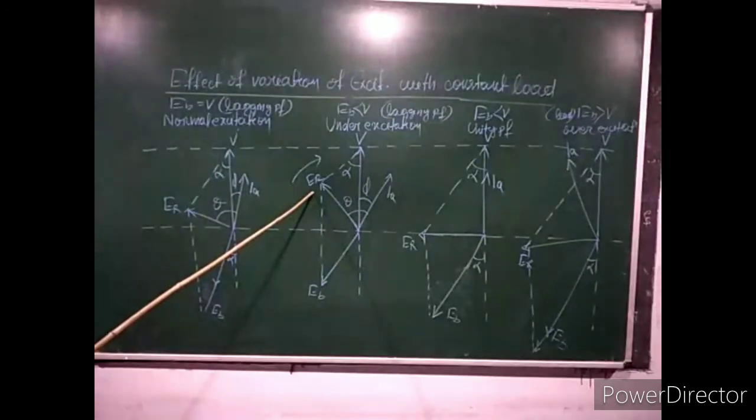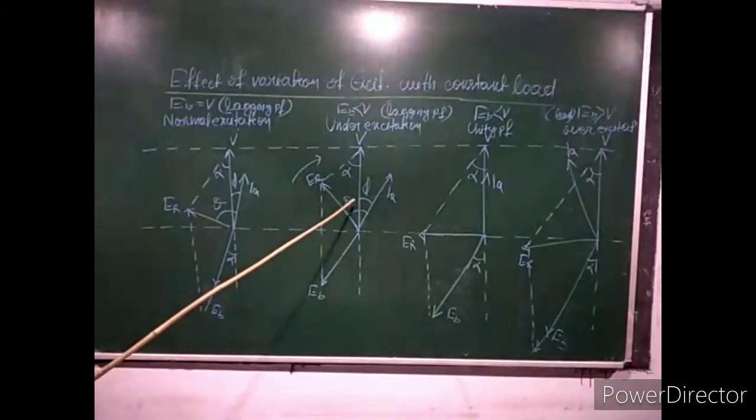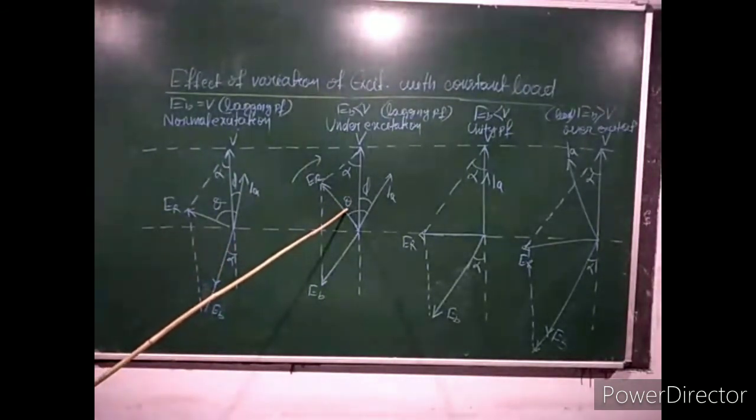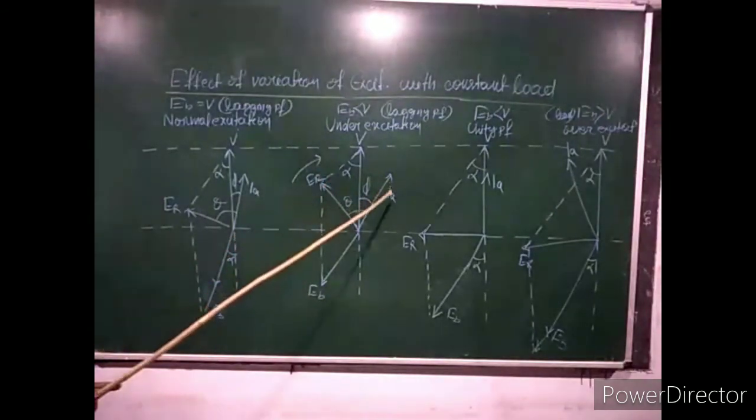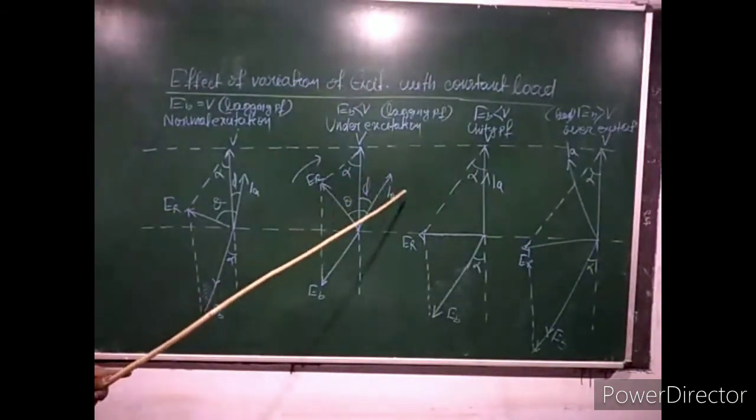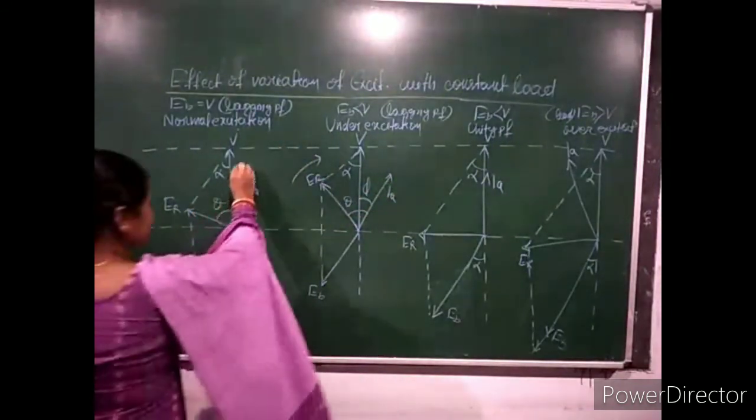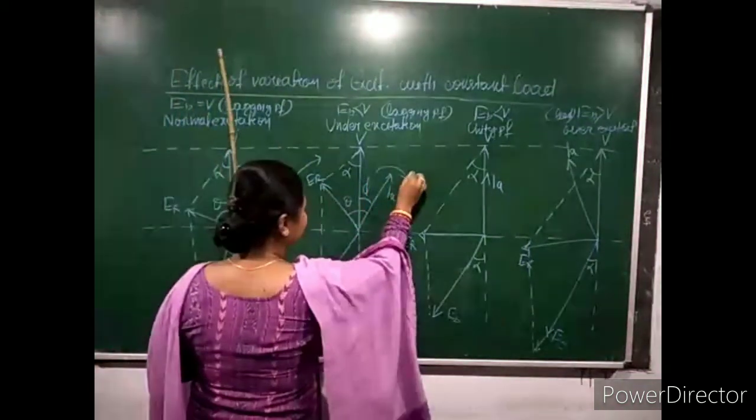So the angle theta, this 90 degrees between the resultant voltage and the armature current, is constant. Therefore, the phasor of IA also turns clockwise, because theta is 90 degrees for a synchronous motor and it is constant.